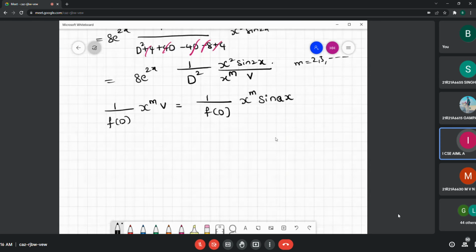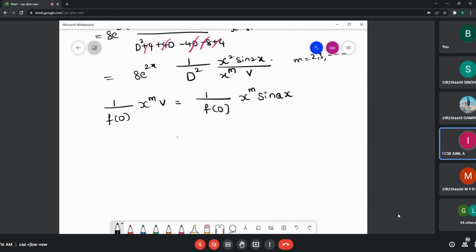So if sine x is there, how can we find the particular integral here? You can write sine ax as the imaginary part of e power iax.